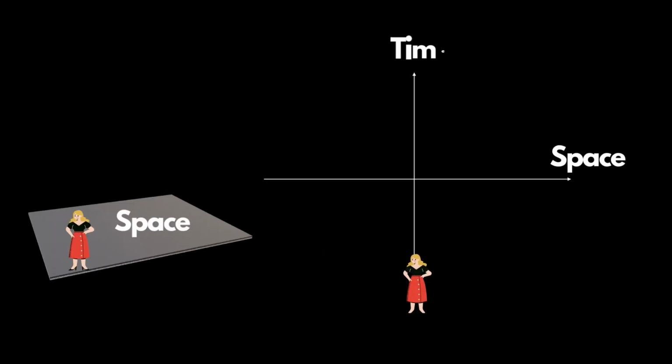Newton's idea about how this direction, time, behaved was as follows. All objects, regardless of how they are rotated or their trajectory through space, travel through time at exactly the same speed. If we're still, we're moving, not through space, but through time.